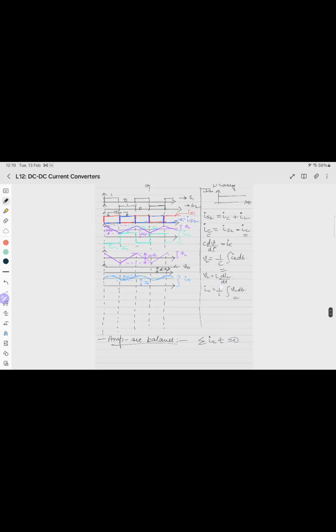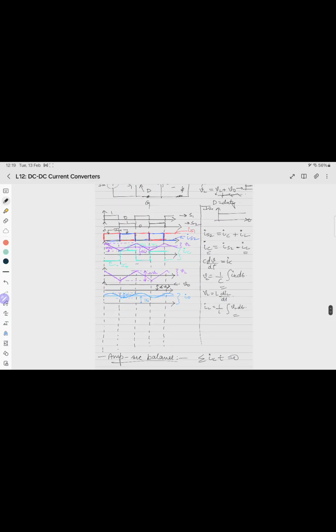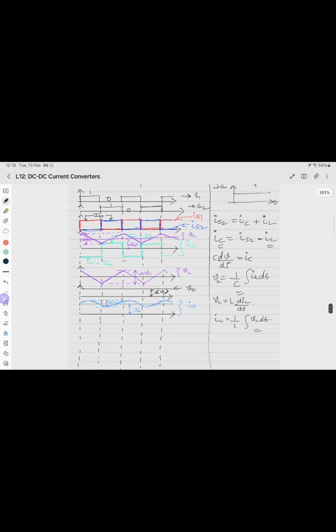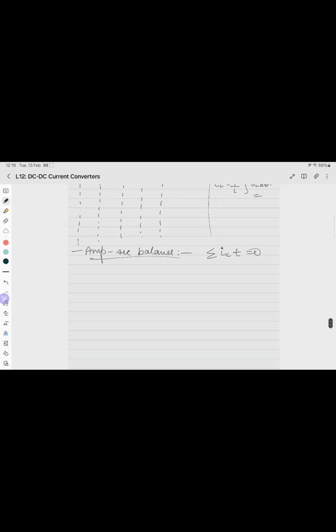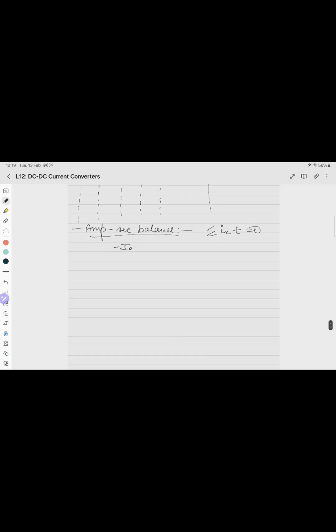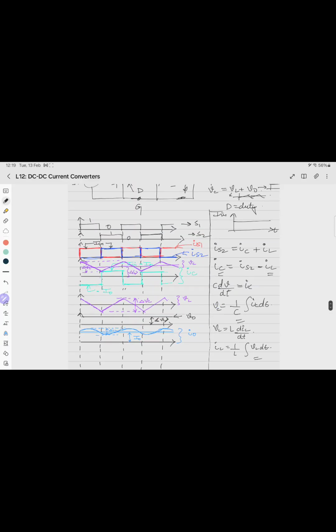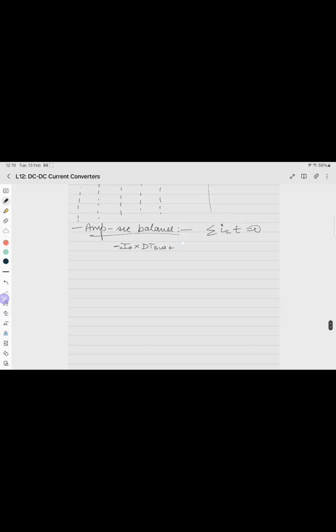What does the amp second balance say? Sigma IC T is 0. Where is the IC waveform? This is the IC waveform. So minus I0 into D switching, plus I in minus I0, minus I0 into 1 minus D into T switching, is equal to 0.